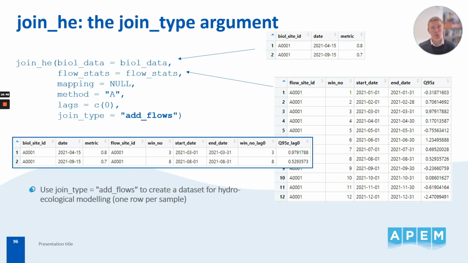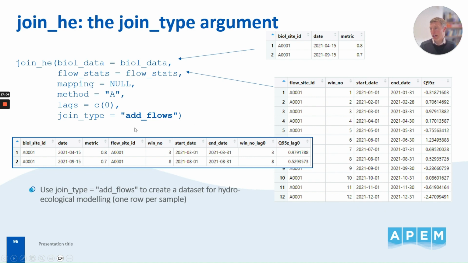The join type argument also gives us 2 different ways of joining the data. The first option is to set join type equals add flows. Here we take our table of biology data, as shown at the top here, and a table of flow statistics, and we join the flow statistics to the biology data.